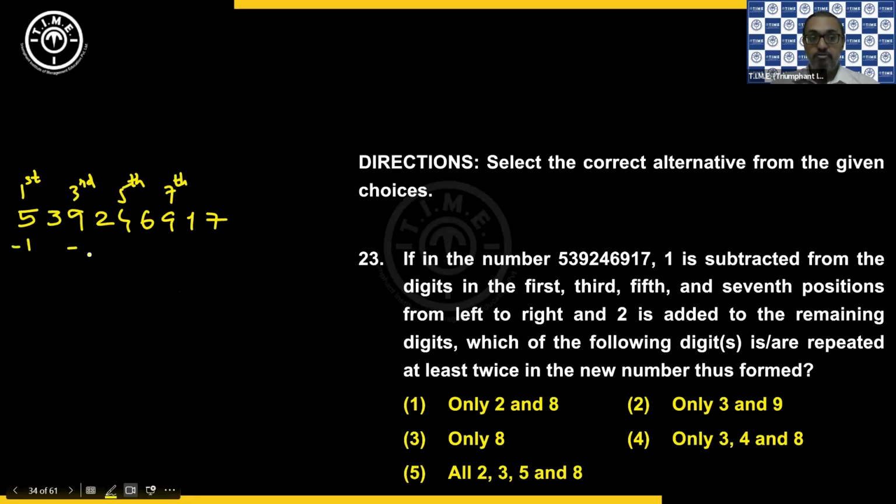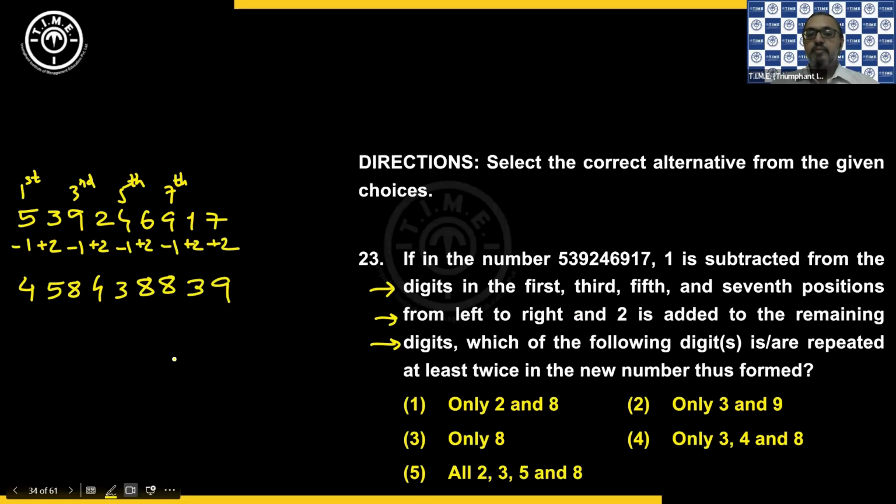So by doing -1, okay, and then from left to right, 2 is added to the remaining digits. So for the remaining digits, he is asking us to add 2. So by doing that, I will get 4, 5, 8, 4, 3, 8, 8, 3, 9.